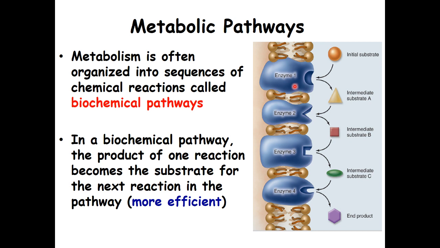And this product from enzyme number one will become the substrate for enzyme number two, and so on and so forth. It's kind of like an assembly line that works sequentially like this. When the enzymes are organized like this, it's way faster when they want a reaction to take place. This is called a biochemical pathway. The product from one enzyme becomes the substrate for the next one, and they all line up like this.